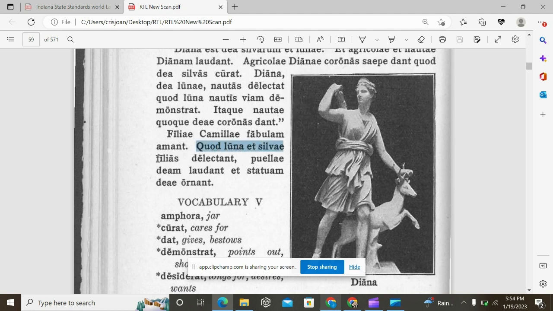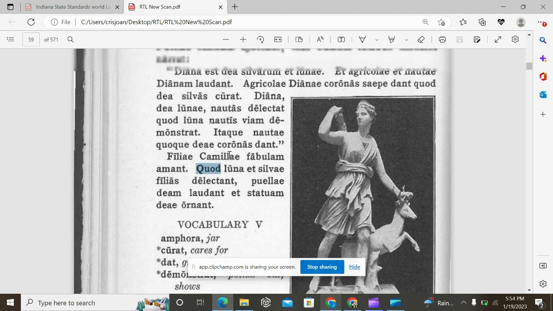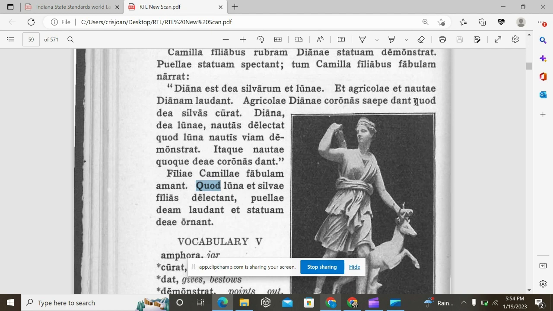Quod luna et silvae filias delectant, puellae deam laudant et statuam deae ornant. Oh, so here we see what the daughters do with the statue that Camilla has brought home. Here we get the quod at the beginning of the sentence, which is different from how we had it up here. It came in the middle.